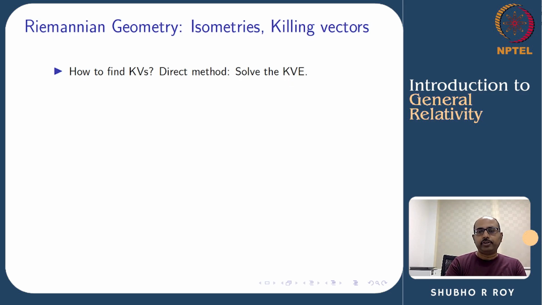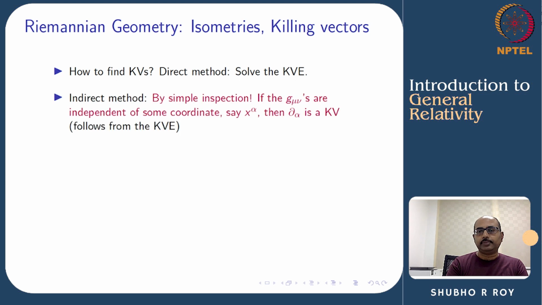However, there is a faster and more efficient method, which is simple inspection. Take a look at the metric components, g_mu nu, and if you find that the g_mu nu are independent of some coordinate, let's say x^alpha is missing from the g_mu nu, then one can conclude that K equals del alpha.